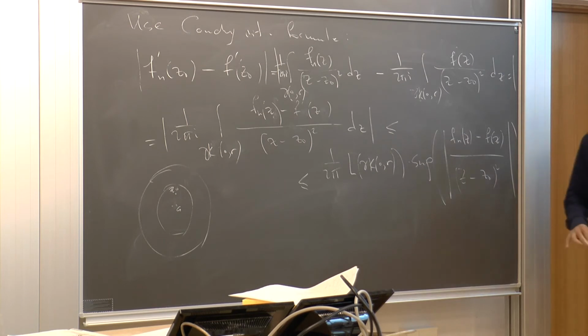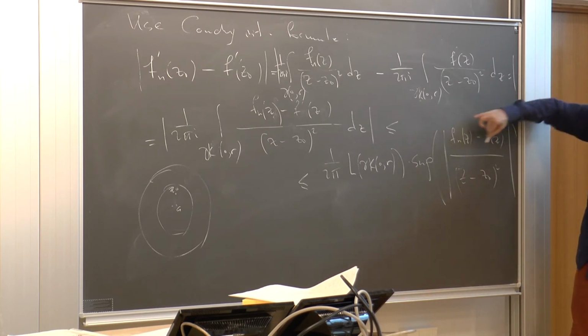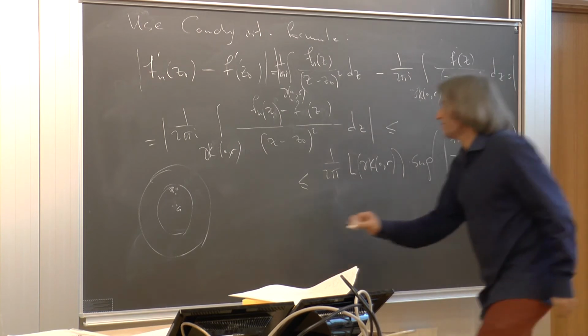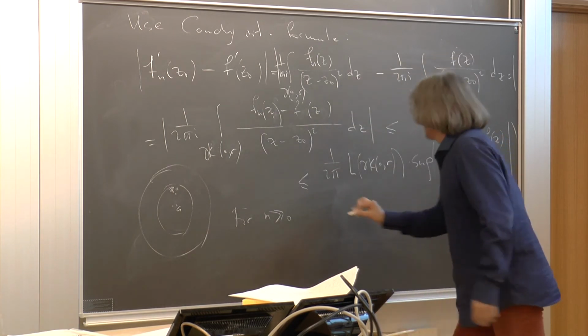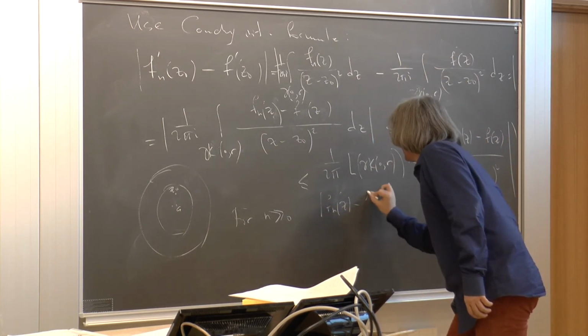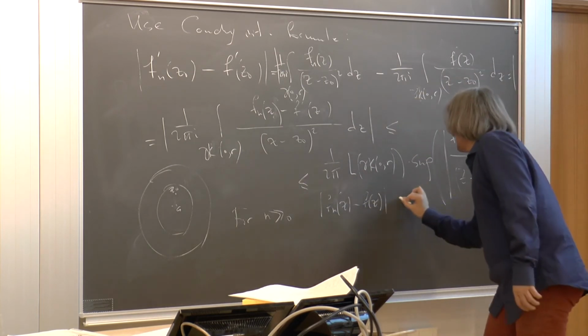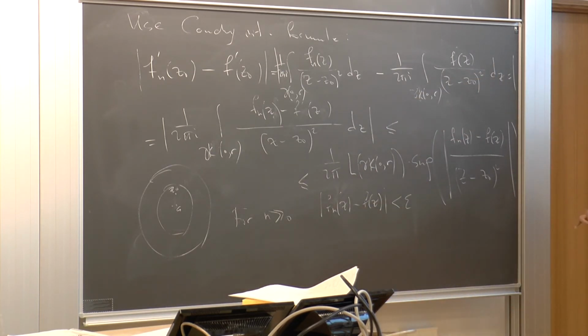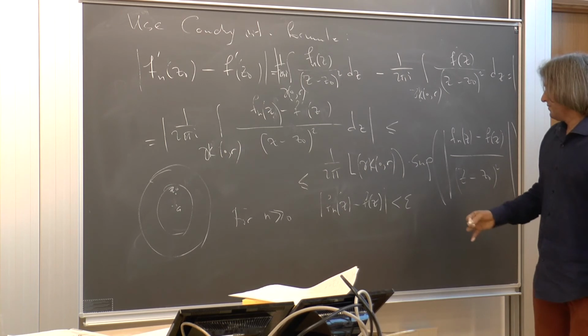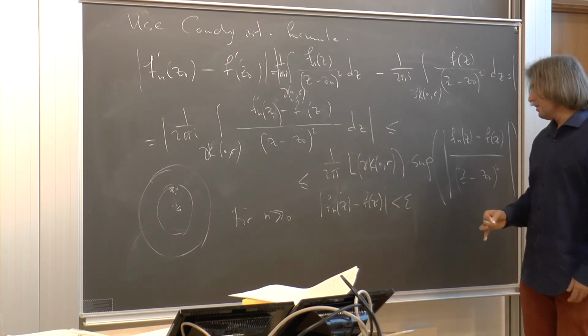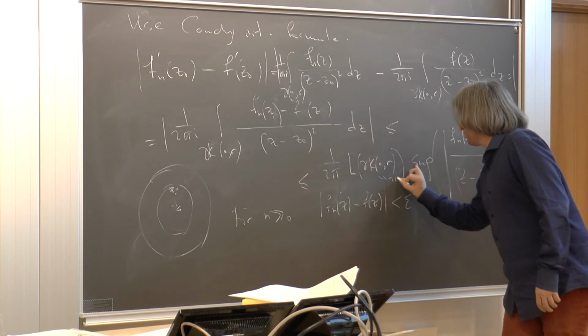So now let's see. By uniform convergence, we can choose numbers so that this thing would be very, very small. So this, for n big enough, is less than epsilon. Now, what we have here is, of course, the length of this circle, so this will be 2 pi r.